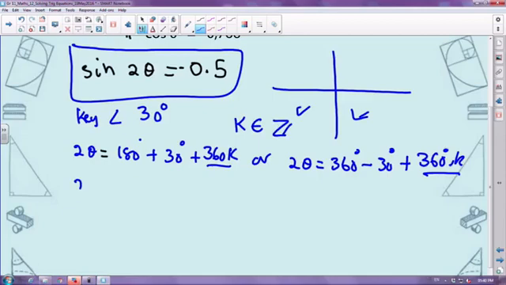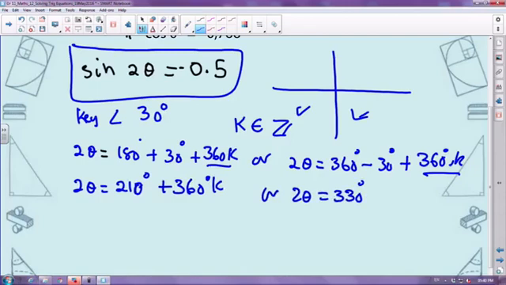Then you simplify. Your 2 theta is 210 degrees plus 360 times k, or 2 theta is 330 plus 360 times k. All right?